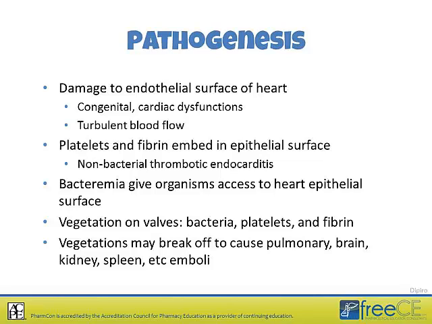This injury occurs, and there's turbulent blood flow associated with maybe some valvular lesions that have developed previously. Some of the things that can cause this damage can be congenital. There can be cardiac dysfunctions, lots of different things that can lead to this first part of the pathogenesis.